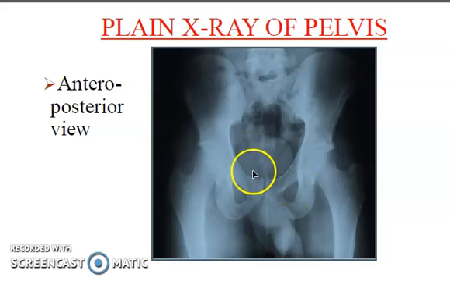If the ring is disturbed, think about fracture. Then look for the second one. Second thing, you are going to look for the joint spaces, the sacroiliac joints which are seen here, as well as the pubic symphysis joint. If either joint space is widened, think main pelvic ring fracture.